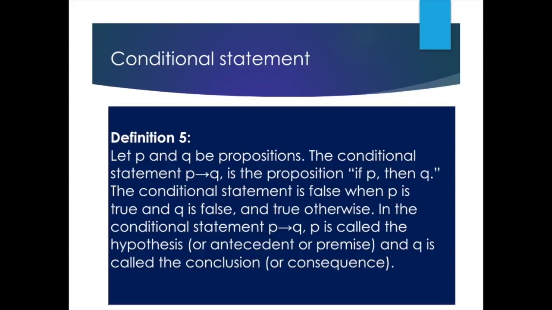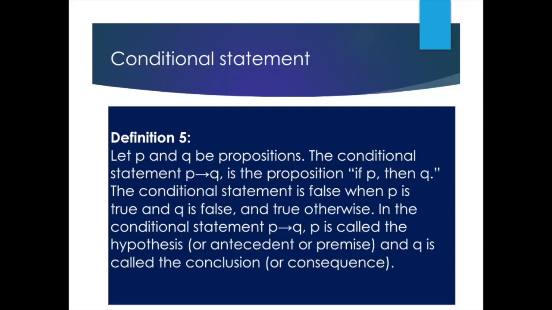So the conditional statement is false when P is true and Q is false, and true otherwise. In the conditional statement, P is called the hypothesis, the proposal, the assumption that you propose at the beginning of any mathematical theory, or the premise, and Q is called the conclusion.